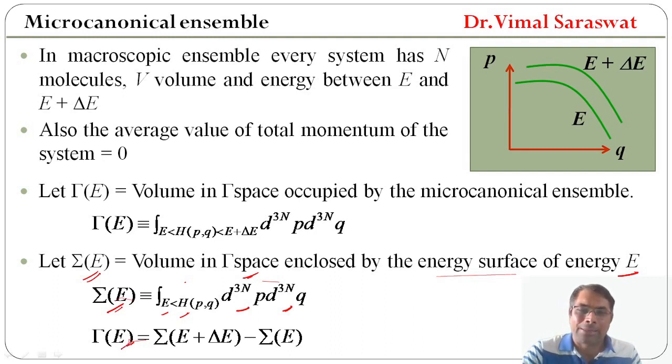So Gamma(E) is equal to Sigma(E plus delta E) minus Sigma(E). And what is this? This is actually the volume in gamma space enclosed by the energy surface of energy E plus delta E.